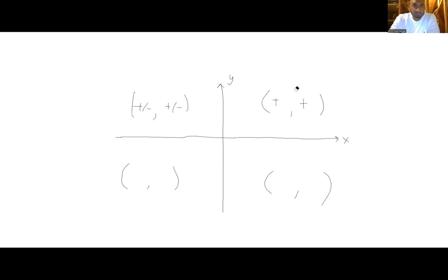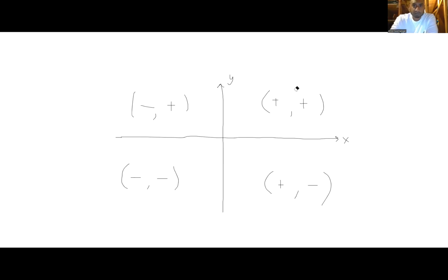What's the sign of quadrant 2, 3, and 4? Negative, positive. Good. 3, negative, negative. Good. 4, positive, negative. Good. Excellent. Good work.